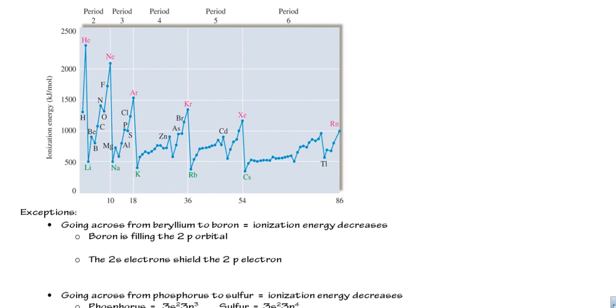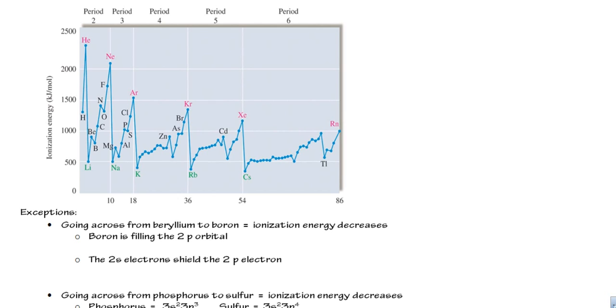And we'd say, okay, well, these guys are going across a period, so they're both filling the second energy level. Now, you could say something about, well, lithium would like to form a +1 ion. We could say something about how as I go across toward neon, the atom is very stable, the orbitals are full, everything's paired. Now, we don't want to lose electrons. That wouldn't form a more stable particle.